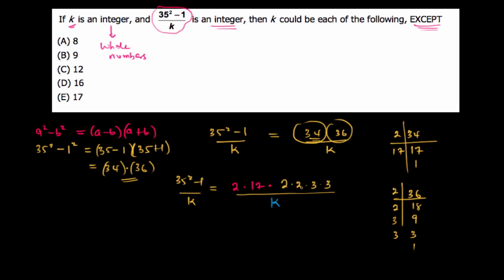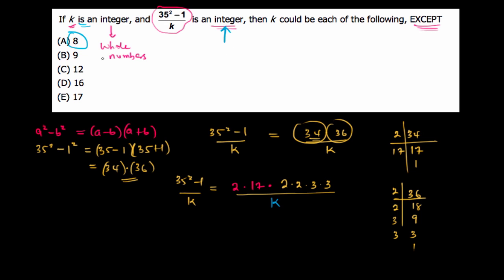So this is what I have. What I'm going to do now is substitute each of the values of k. When k is 8, I'm going to see if (35² − 1)/k is still going to be an integer, because we're told that k must be an integer. All these values of k are whole numbers, so this is satisfied. So all I need to check is whether (35² − 1)/k is still an integer.